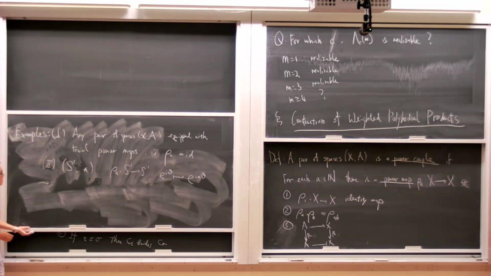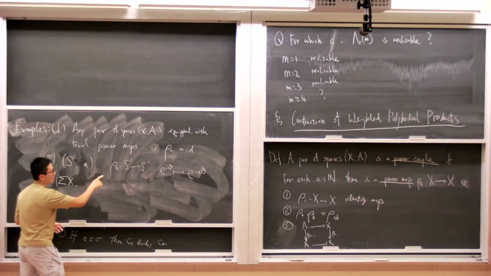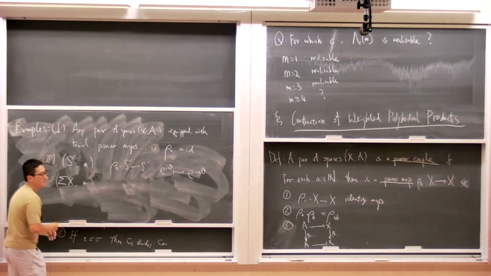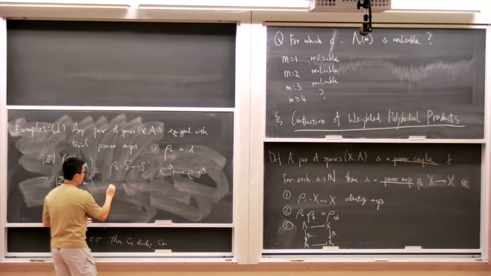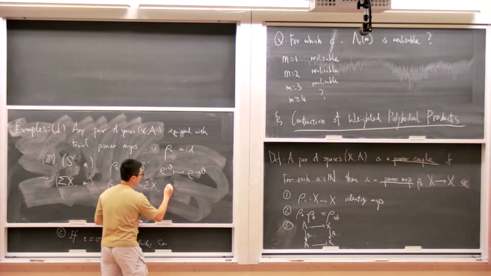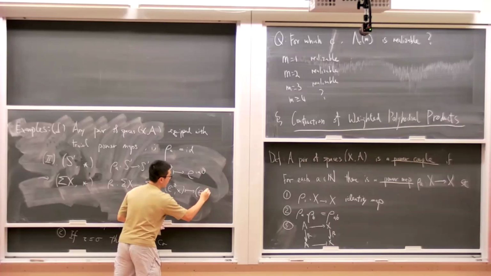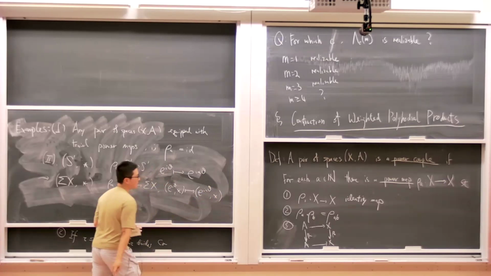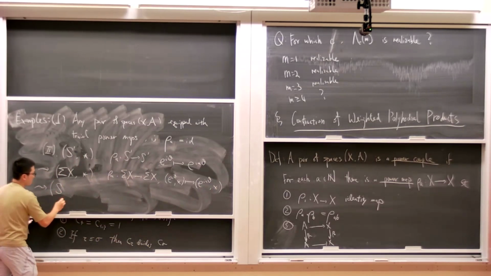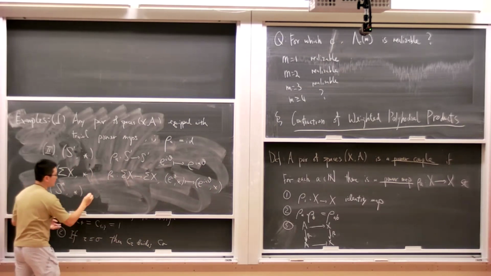And using this power map, we can also make the suspension (ΣX, point) a power couple, where you just send the pair e^{iθ}x to e^{iaθ}x. And therefore, it makes any pair of a sphere and a point also a power couple.